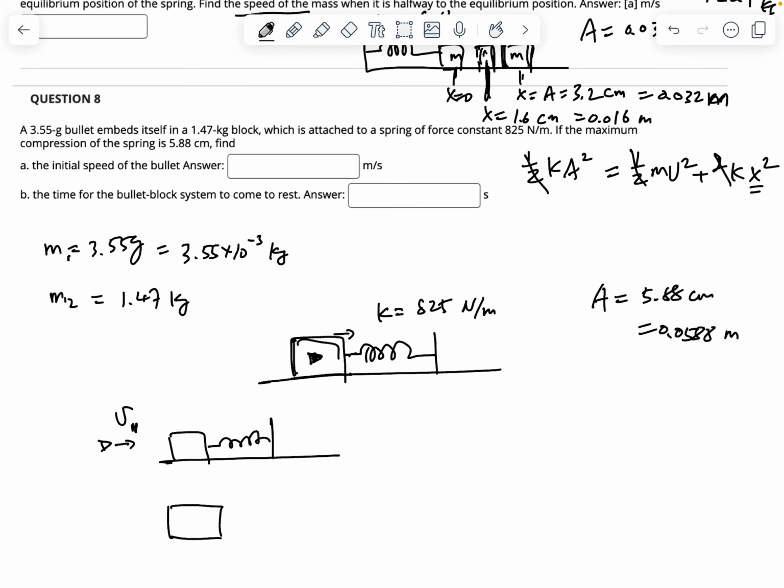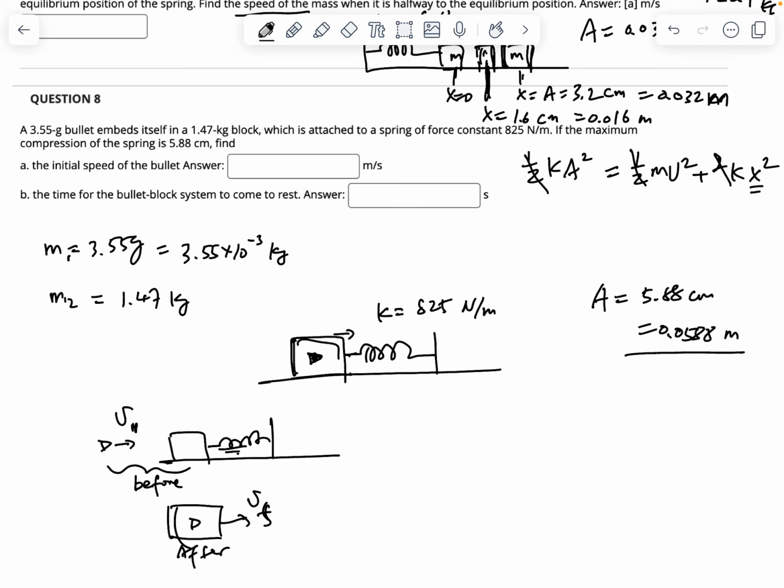So this is a collision problem. This is the before, and this is the after. The bullet and the block move together with the velocity VF, and then they move together to compress the spring.